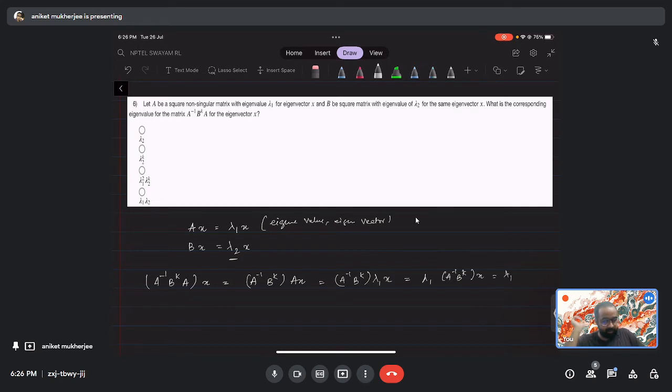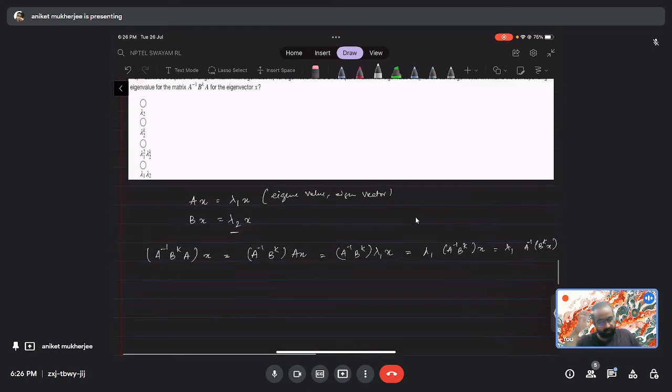This I can write as lambda 1 A inverse b power k into x. So here I'll use one of the properties of eigenvalues, which states that if bx is equal to lambda 2 x, then if lambda 2 is an eigenvalue for b, then lambda 2 power k is an eigenvalue for b power k.